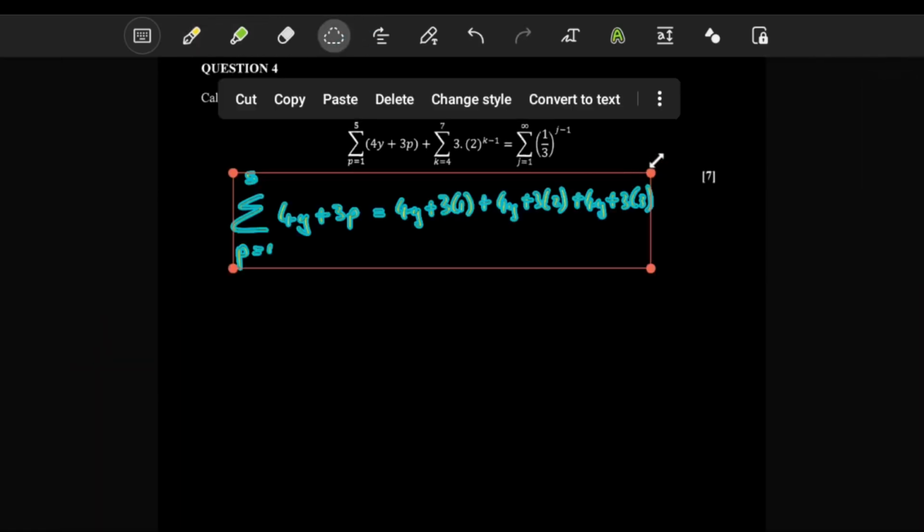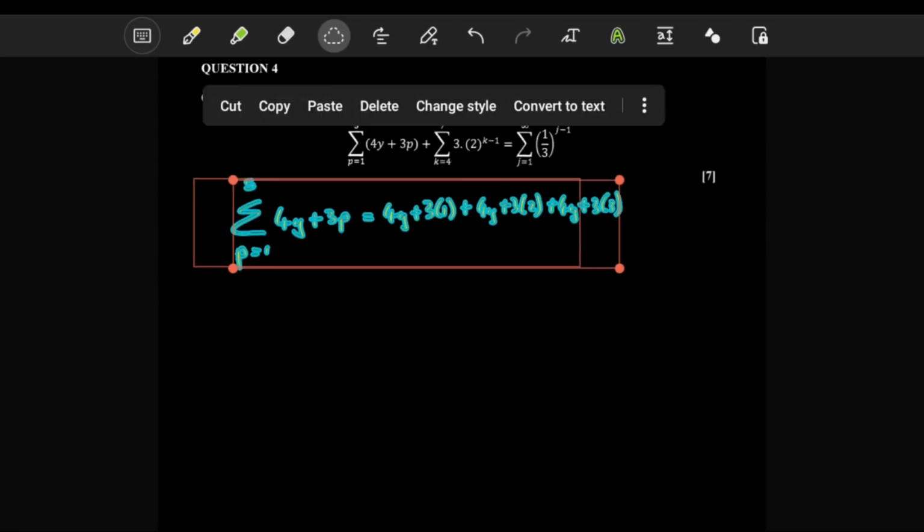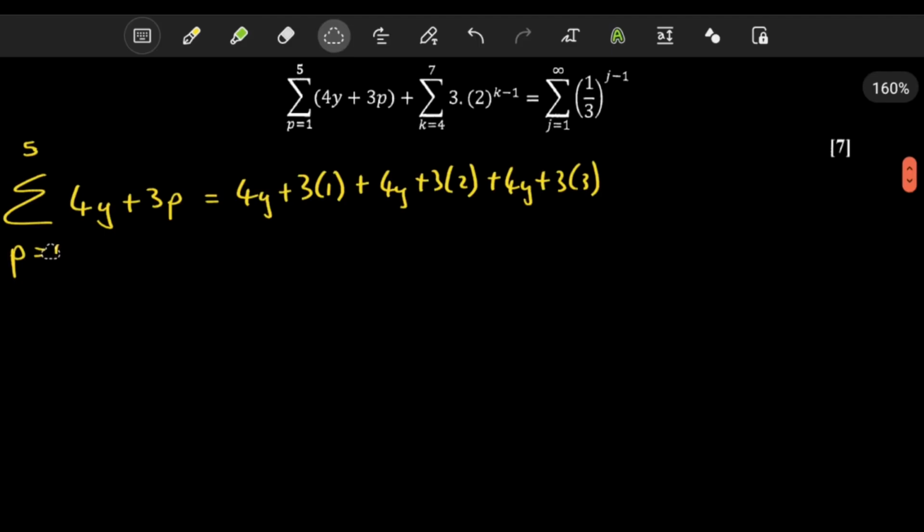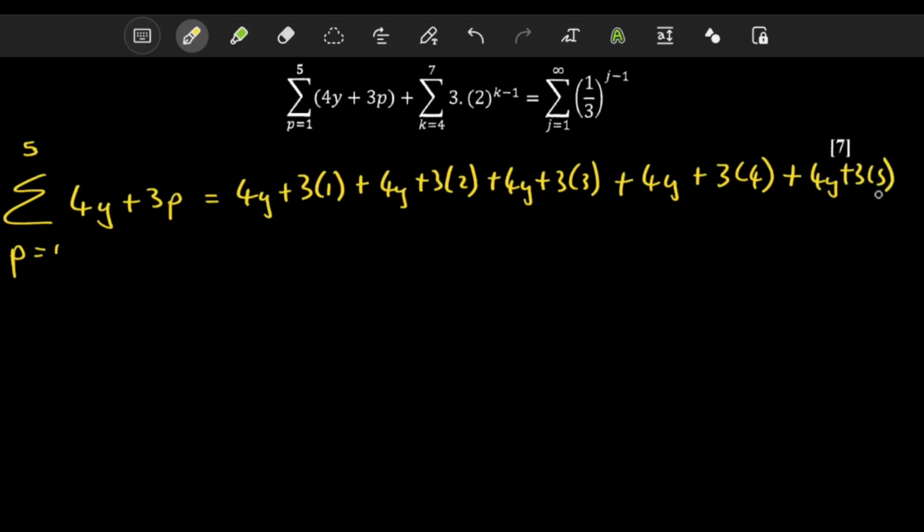I'm trying to give you an idea of what sigma implies. Sigma just says you're throwing in p as 1 all the way until 5, and you're adding everything up together. So this is where you throw 1, 2, 3. Let's throw in the 4th one, 4 with the y here, and then 3 with the 4, and then here 4y, 3 with the 5.